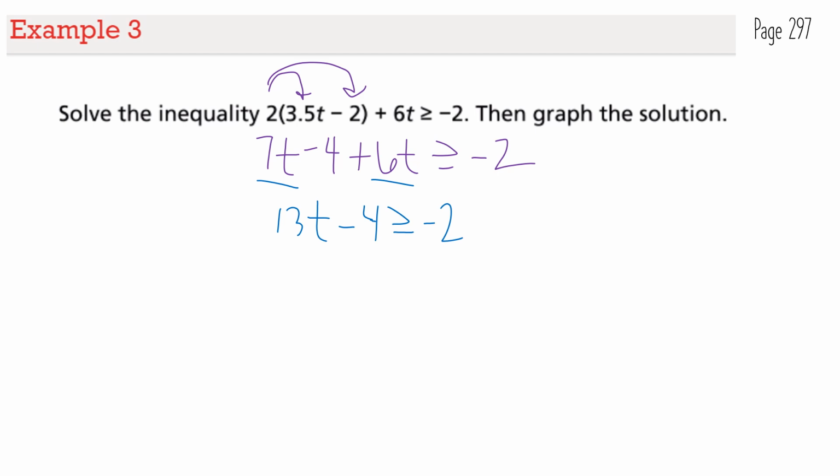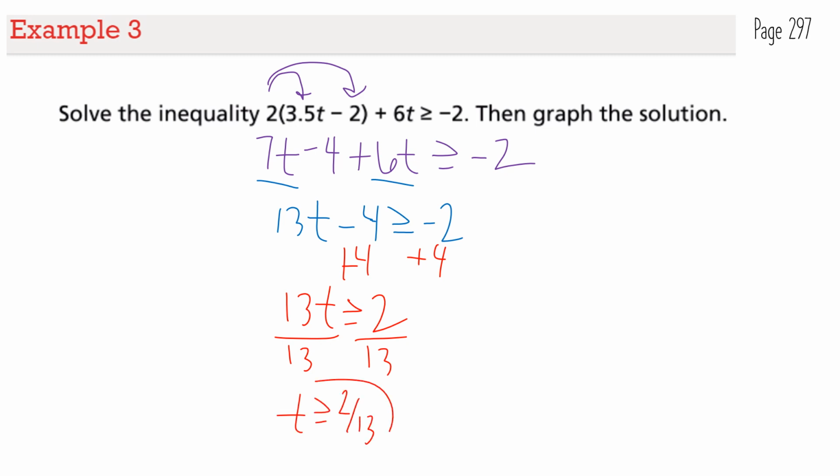And now let's add 4 to both sides. So 13t is greater than or equal to 2. Divide by 13. T is greater than or equal to 2/13.